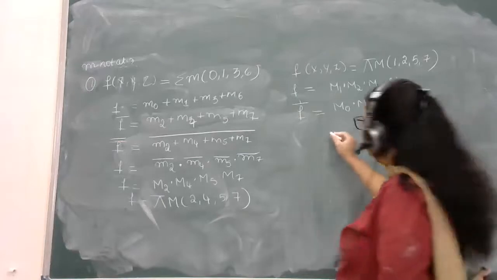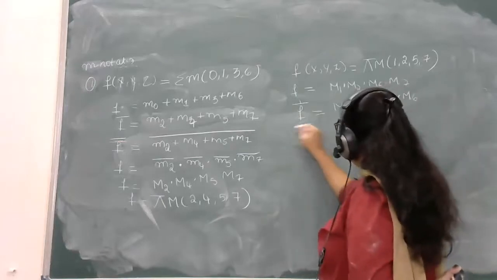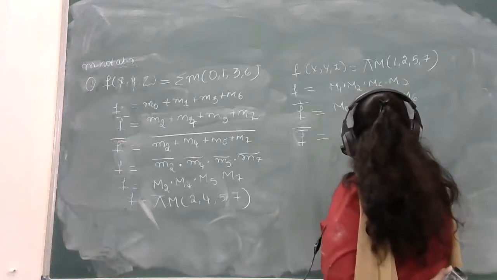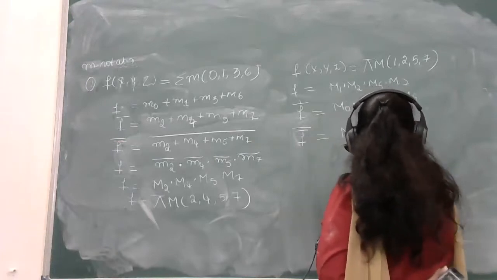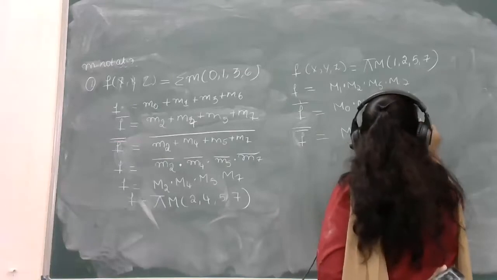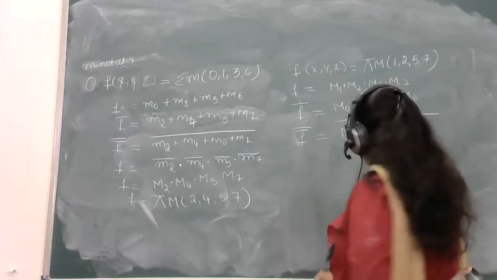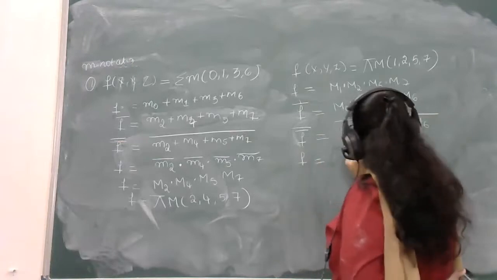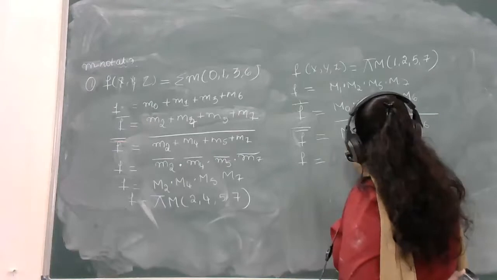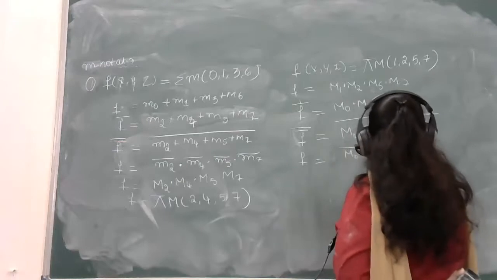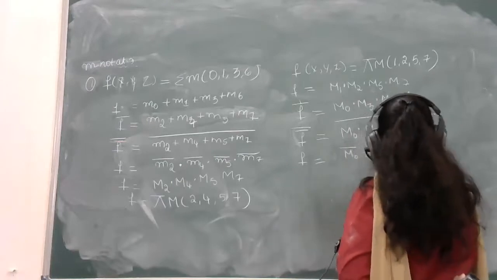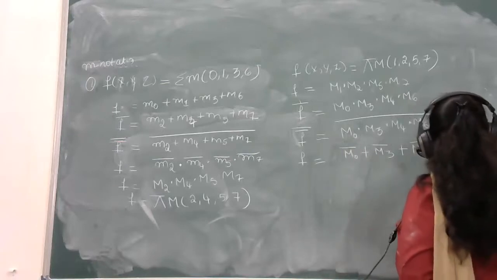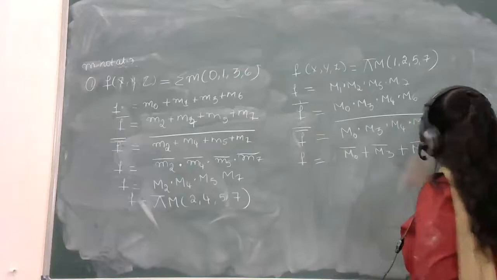Then again I take the complement; the double complement of my function is nothing but m0 plus m3 plus m4 plus m6, whole bar. When I apply the whole bar, it becomes M0 bar into M3 bar into M4 bar into M6 bar.